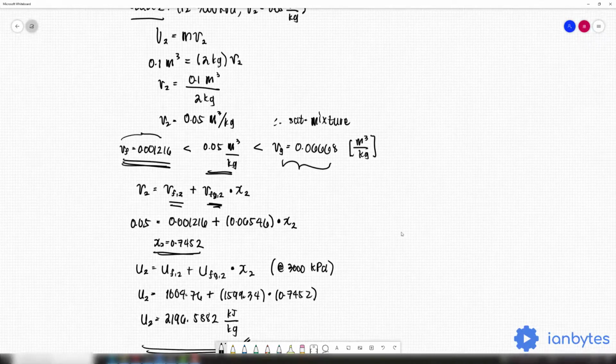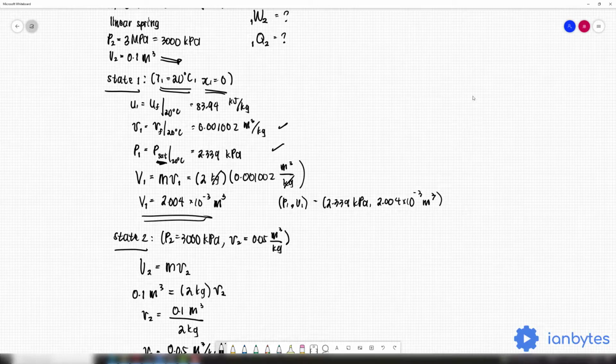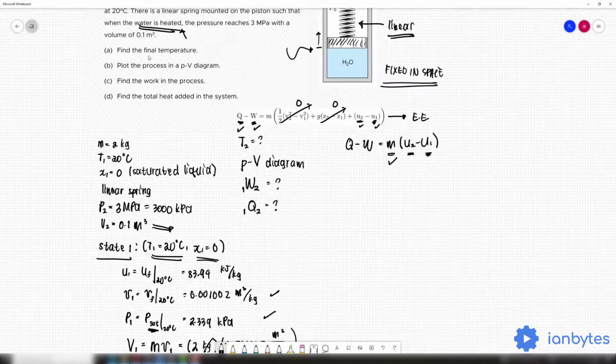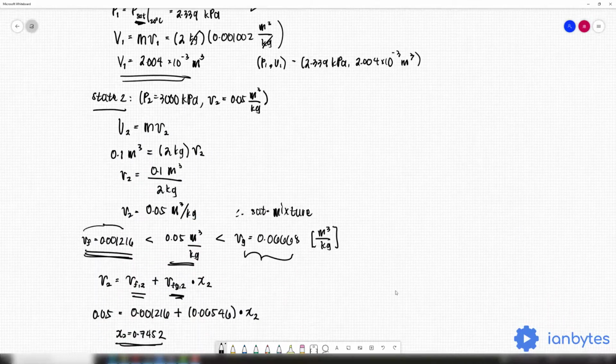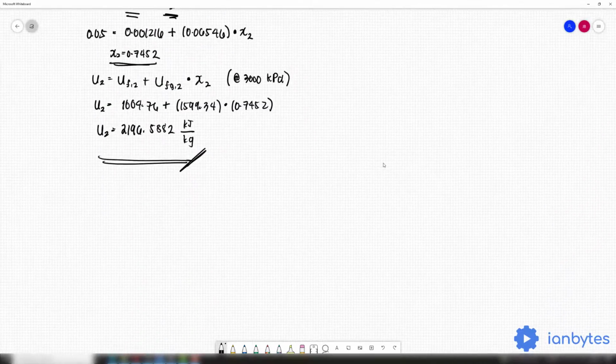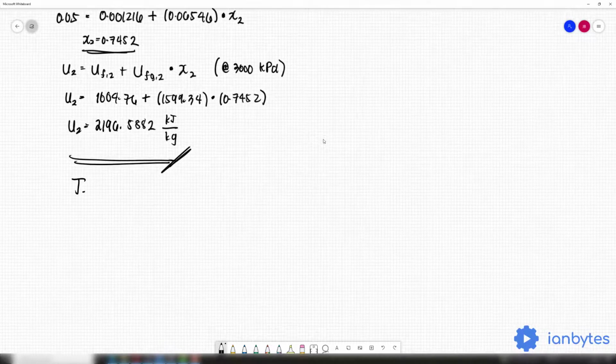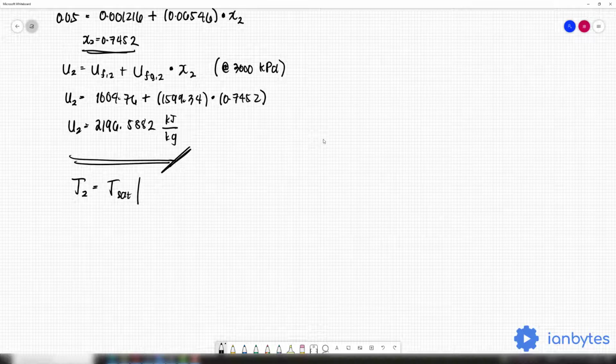What else do we need? According to our problem, we need actually to find the final temperature. And since we said that at state 2 we have a saturated mixture, it also follows that T2 is actually the saturation temperature at the particular pressure level that we are analyzing, which in this case is 3000 kilopascals.